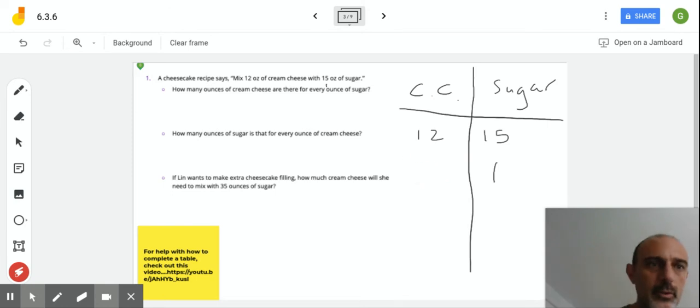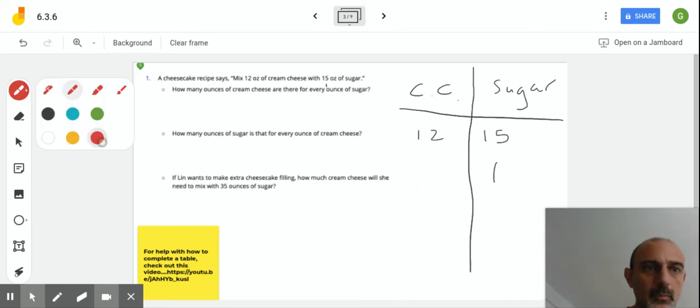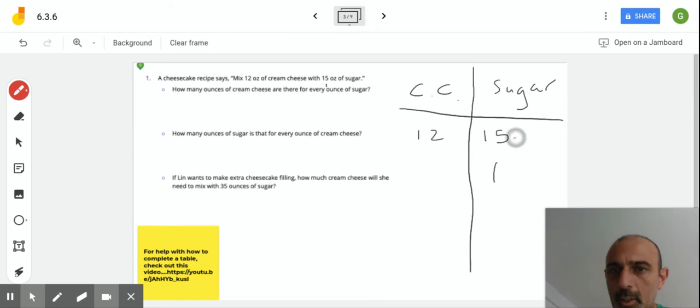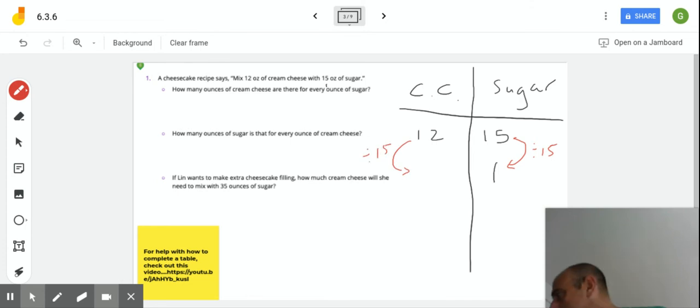So this is where we can use the work that we did to complete the table. I can say, all right, to get from 15 to 1, I'm going to divide by 15. So to get from 12 to whatever this is, I'm going to also divide by 15. Hey Siri, what's 12 divided by 15? 12 divided by 15 is 0.8. So it's 0.8.